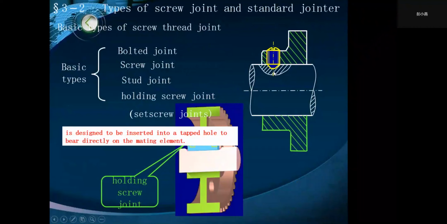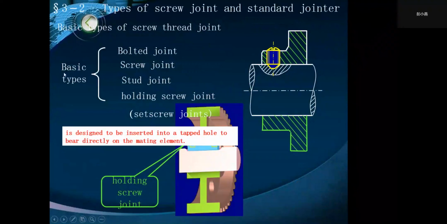A set screw depends on compression to develop clamping force to lock components into place. This should not be used in vibration applications where loosening would impose a safety hazard.